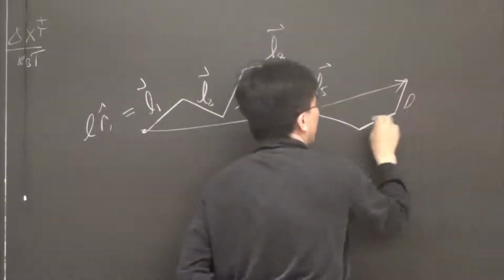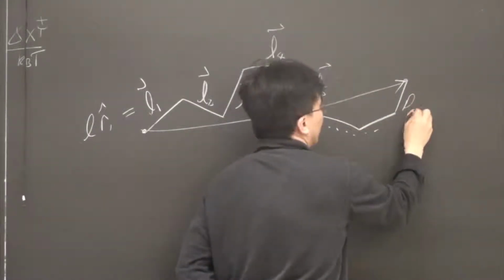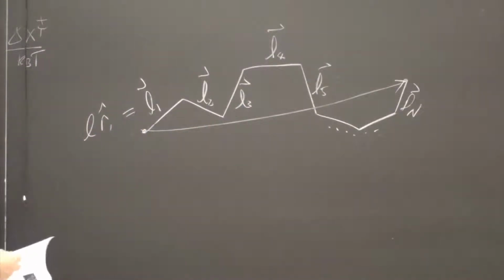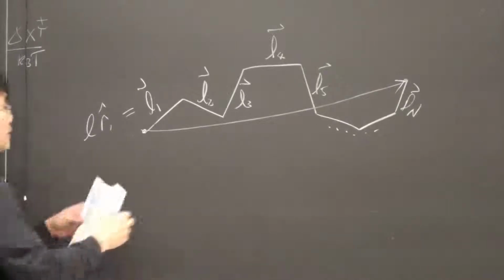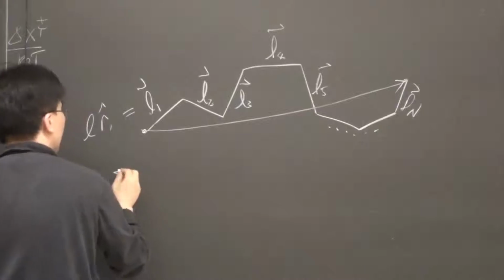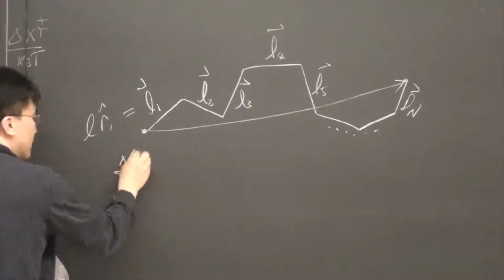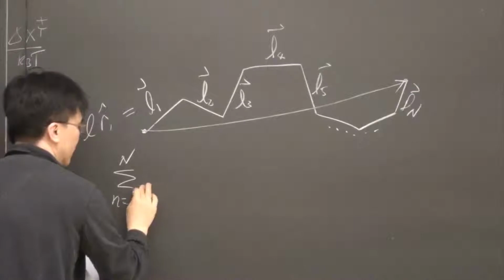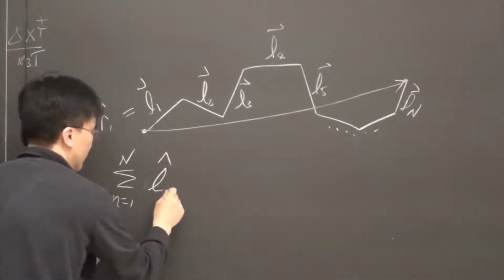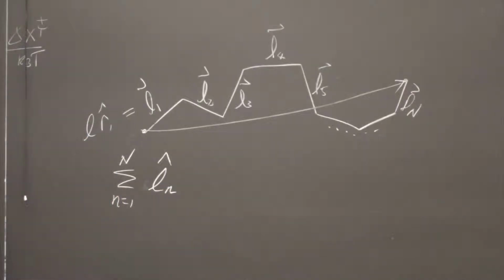So that distance will be adding all of these vectors together. Okay, and then if I want to now ask myself, what is the average size?